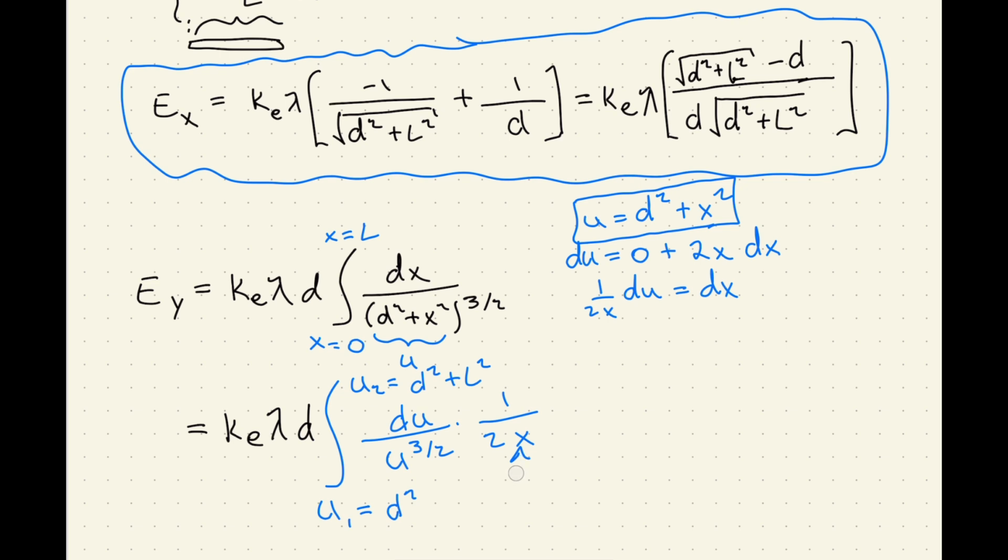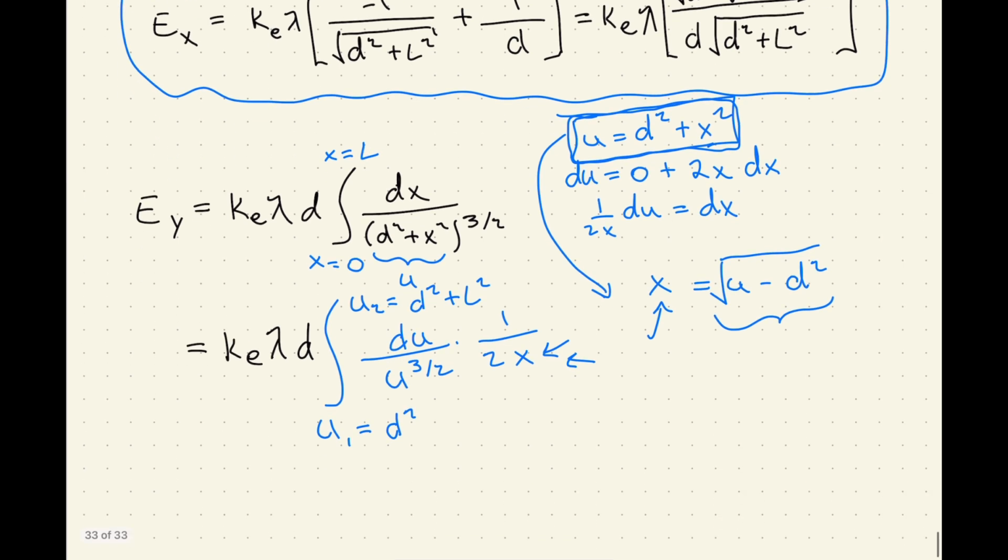This x, sorry, I didn't mean to say dx. Well, we have to use our u sub equation. If we solve for x, we get x squared is equal to u minus d squared. And we square root this to get an answer for just x. And now we have an equation for x, and we can replace this whole thing down here.